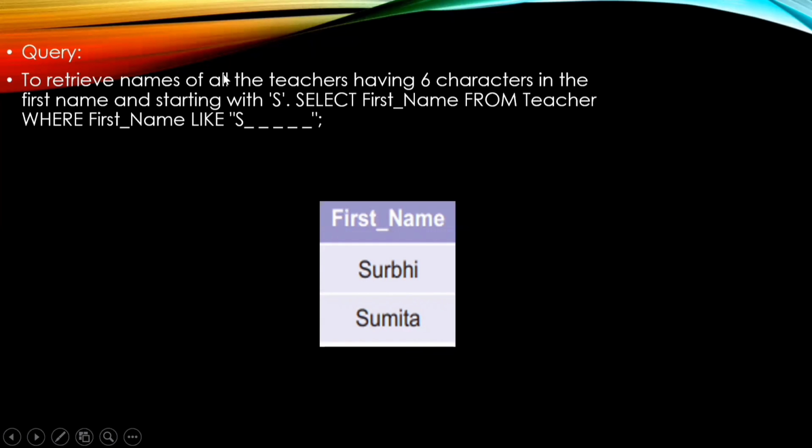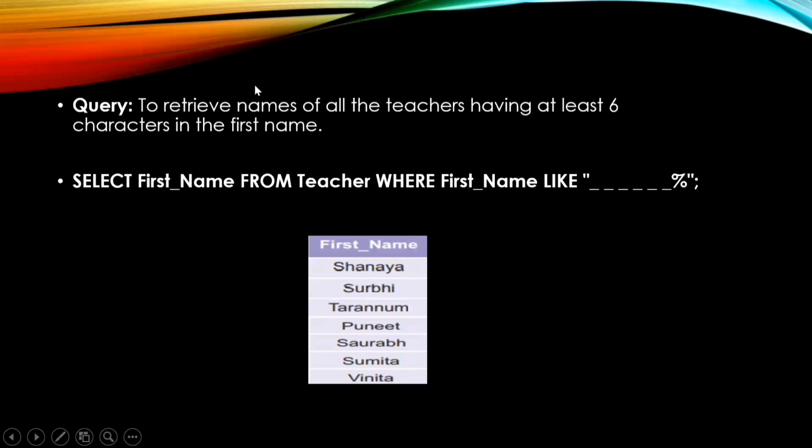To retrieve names of all the teachers having 6 characters in the first name and starting with S, you have to write select first name from which table? Teacher where first name like S and 5 underscore characters. Immediately you get the result like this.